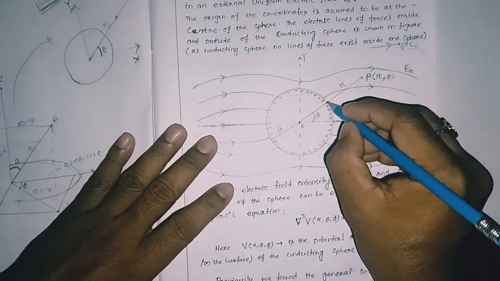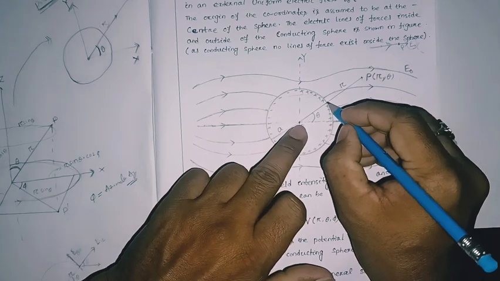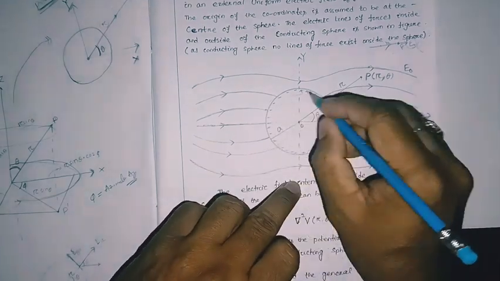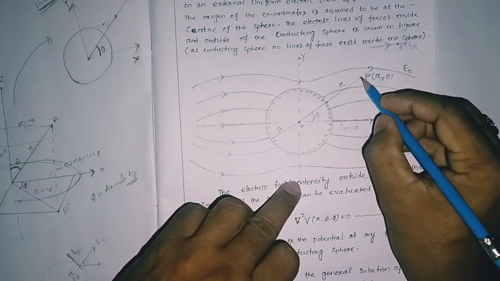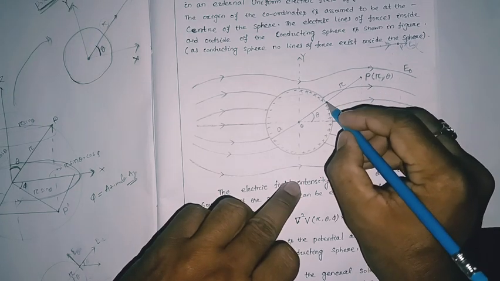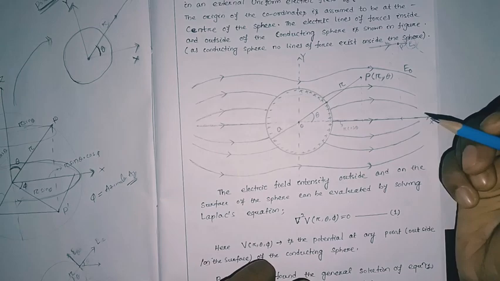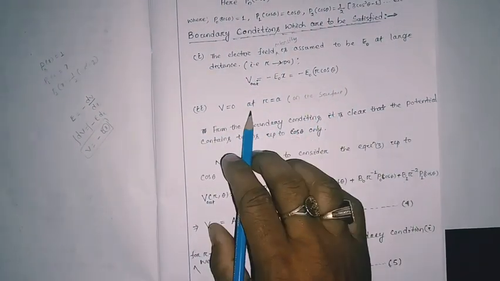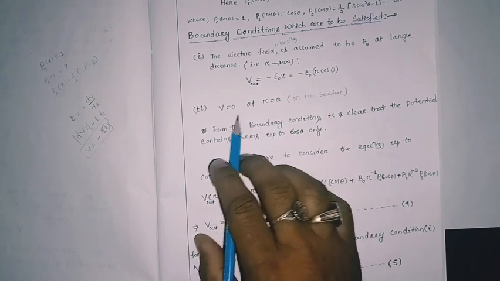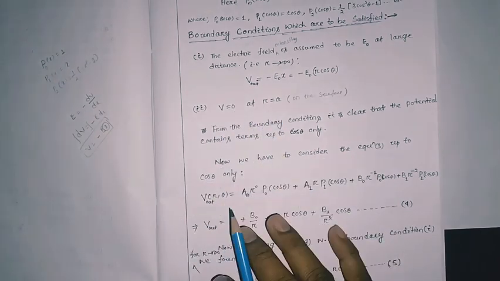If I consider this point, it is also called the just outside point of this conducting sphere. So on the surface, that means for r equal to a, V equals 0.